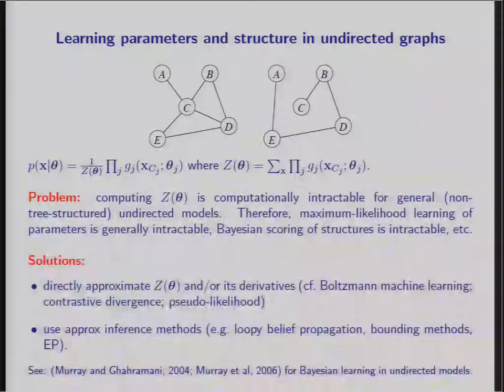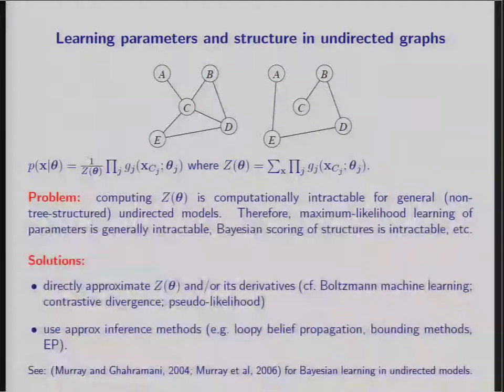If we want to extend structure learning and parameter learning to undirected graphs, things like direct representation of the distribution as a factor graph, let's say, the problem is when we write down any undirected model of this kind, then we always end up with a global normalizing constant. So this Z of theta is a normalizing constant that involves summing all of the factors over all the variables.